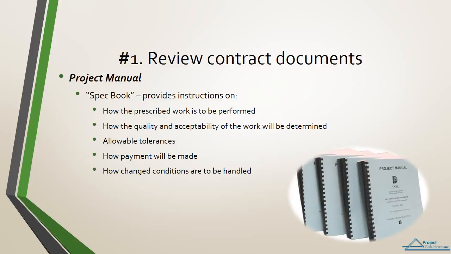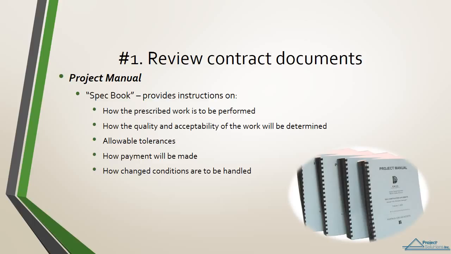Number 1, review contract documents. When preparing an estimate, the critical contract documents include specifications and drawings or plans. As a bidder, it is the responsibility of the contractor to know and understand what is included in the contract documents.